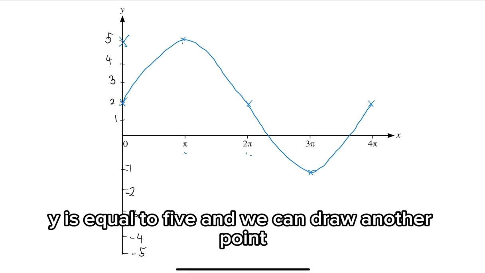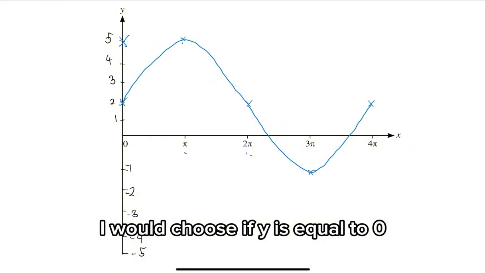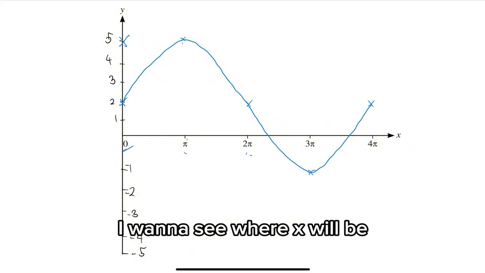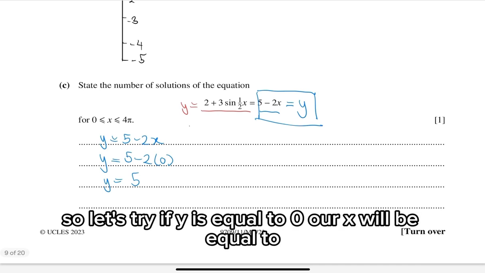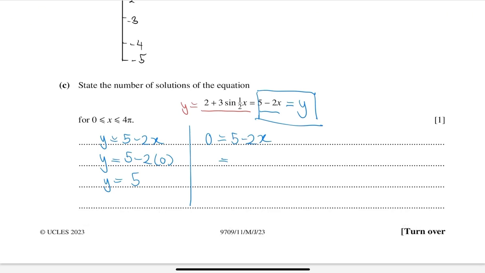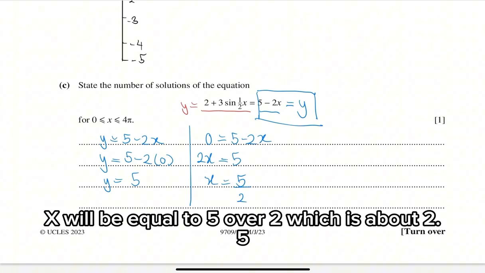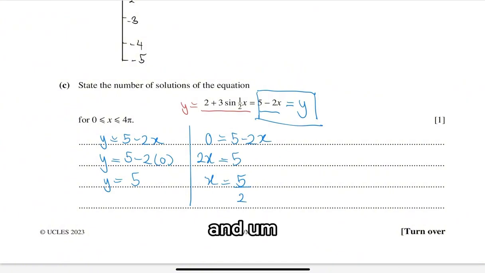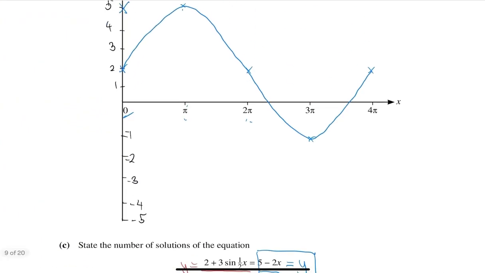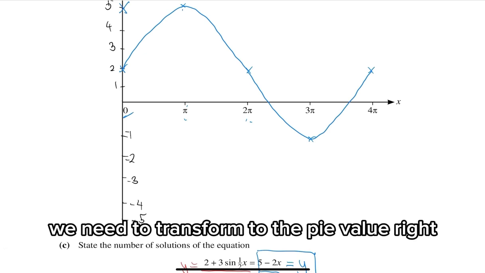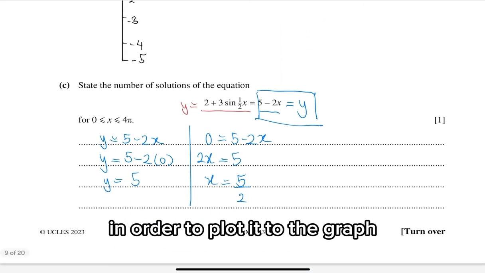And we can draw another point. I would choose if y is equal to 0, I want to see where x will be. So let's try solving the equation. x will be equal to 5 over 2, which is about 2.5. And we need to transform to the pi value, right, in order to plot it on the graph.